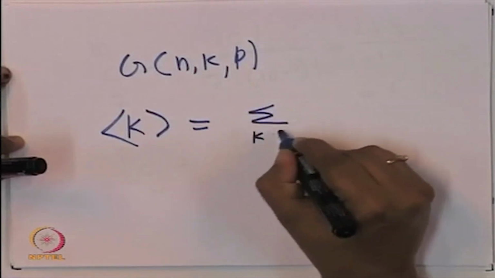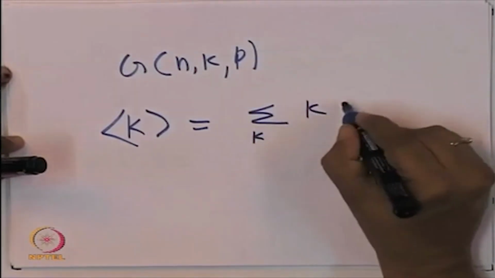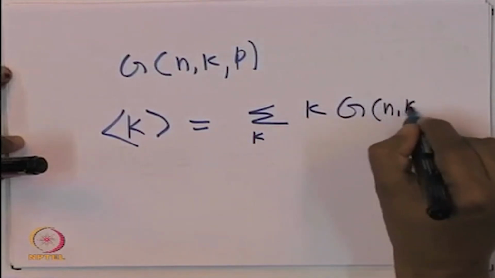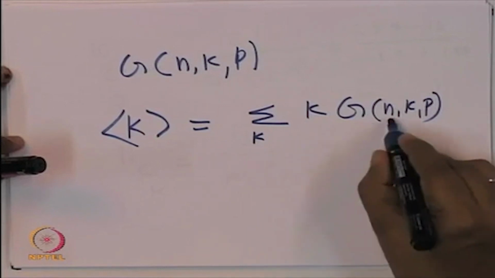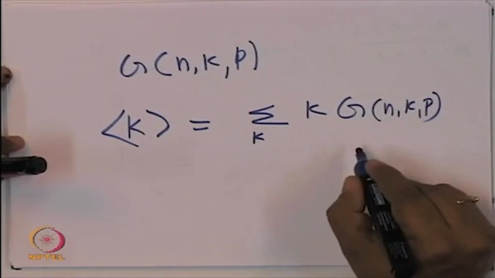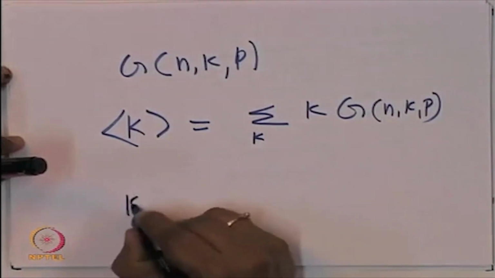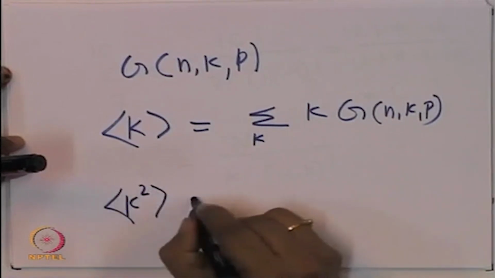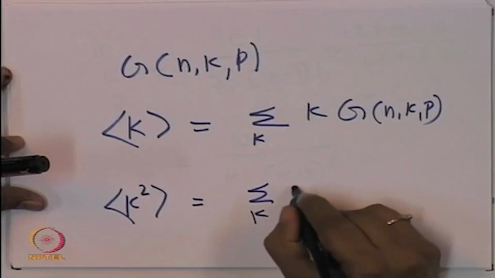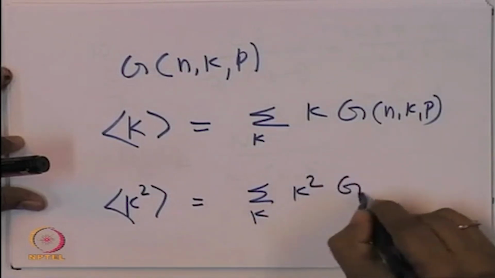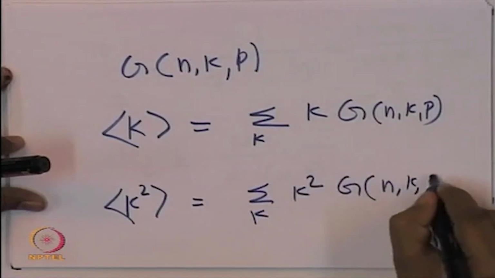This is the sum over k of k g of n, k, p. This will be the answer. This will be some function of n and p, and you can also calculate k square average. Basically, this will be the sum over k square g of n comma k comma p.